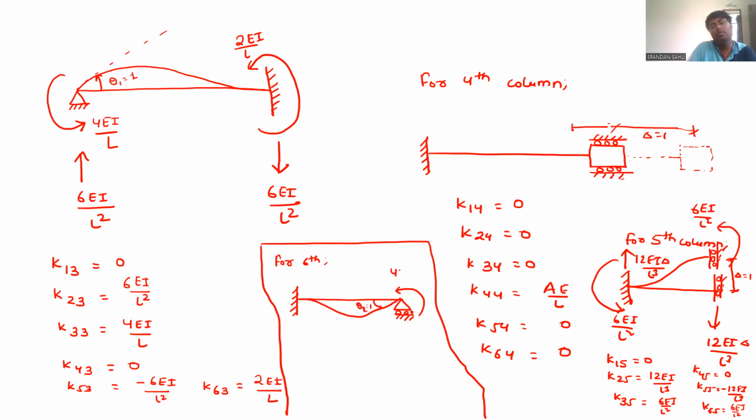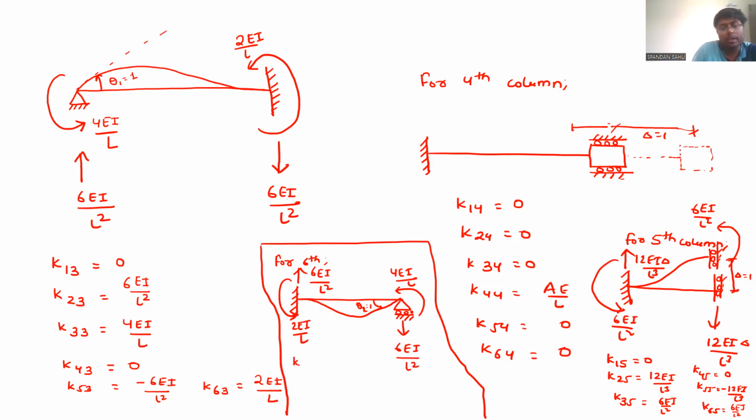So this will be 4EI upon L. This will be 2EI upon L. These are making an anti-clockwise rotation to the beam. So this will be 6EI upon L square.